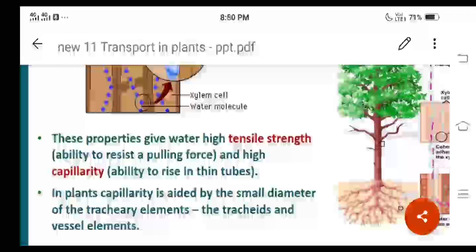And in the last point, the capillary movement of water: in plants, capillarity is aided by the small diameter of the tracheary elements, meaning the tracheids as well as the vessel elements.